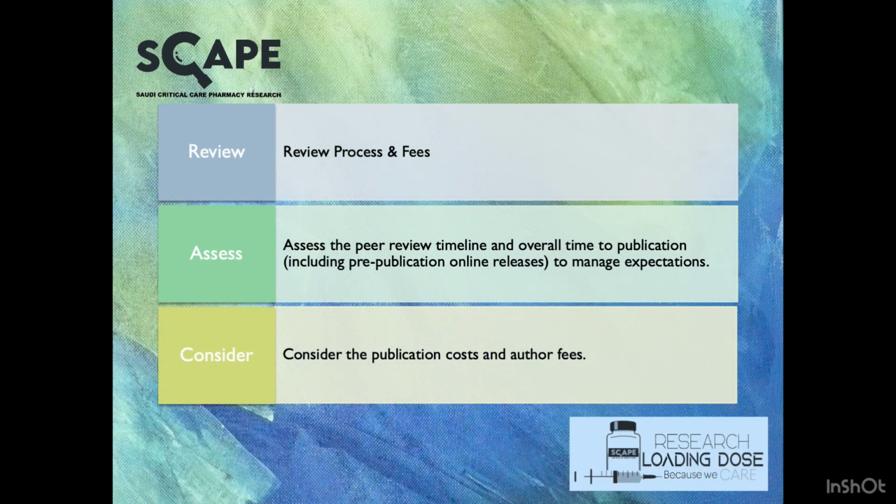The review process is very important, as we mentioned: the length of the review process, the number of reviewers, the author review in this journal, also the fees, access to the peer review timeline, and the overall time to publication. It's important to manage our expectations. Consider the publication cost and author fees.